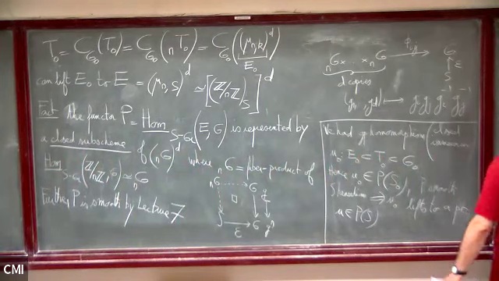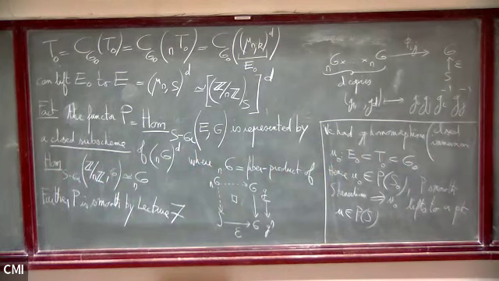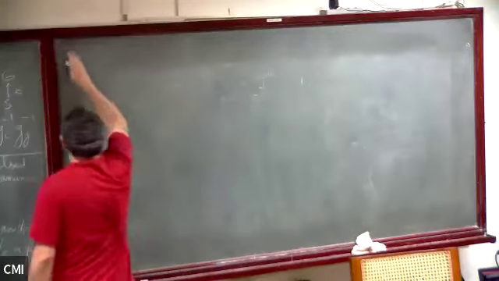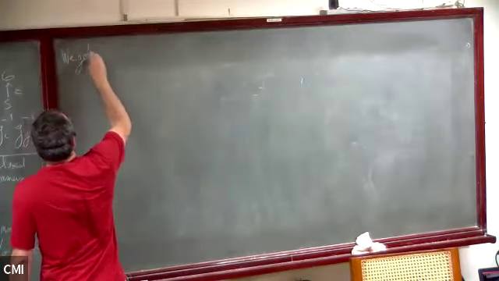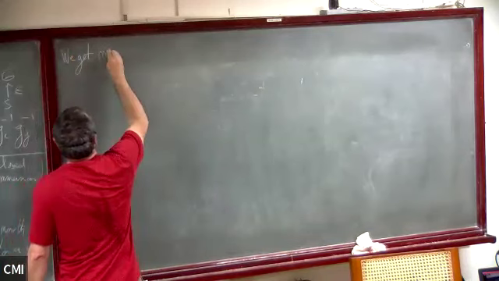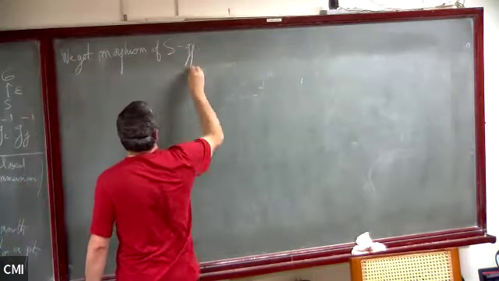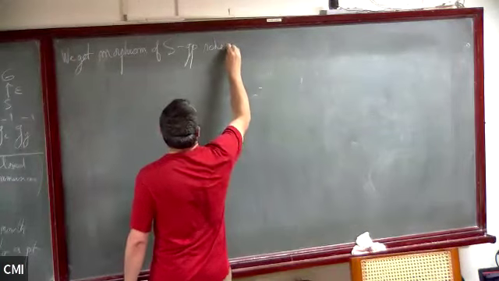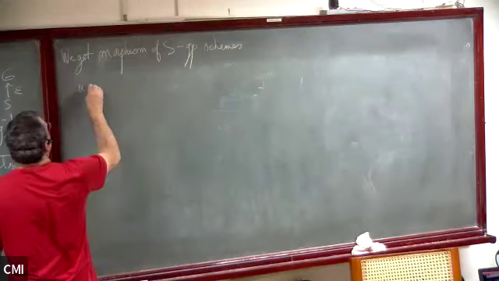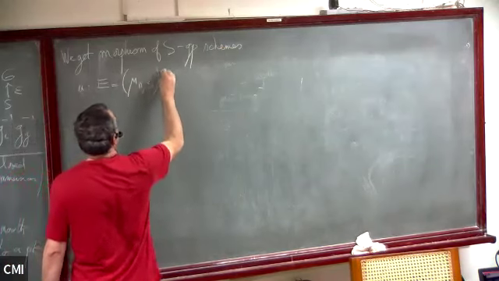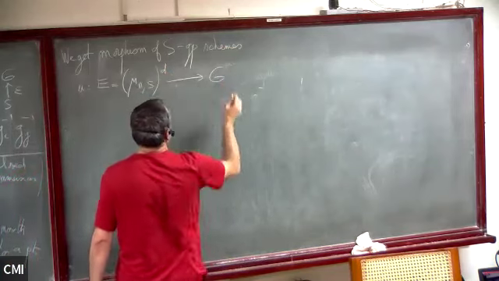Okay, so we get a morphism of S-group schemes u from E to G.